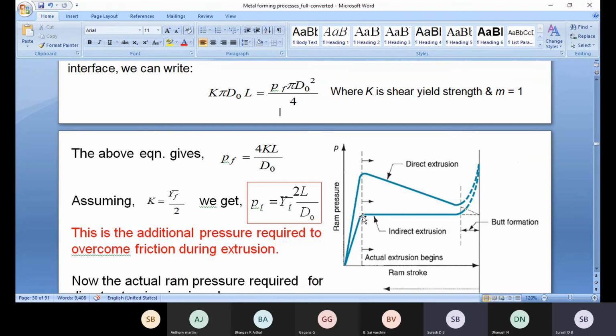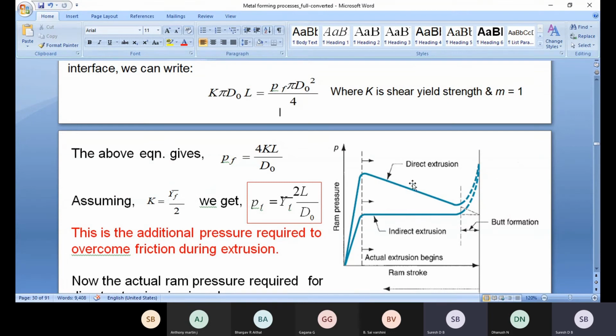In the indirect extrusion process, because the material comes back, only a small amount of force or load is required to compress the material. For the complete stroke, from the beginning of the extrusion to the end of the extrusion, in the indirect extrusion process a constant force or constant load is required to push the material.